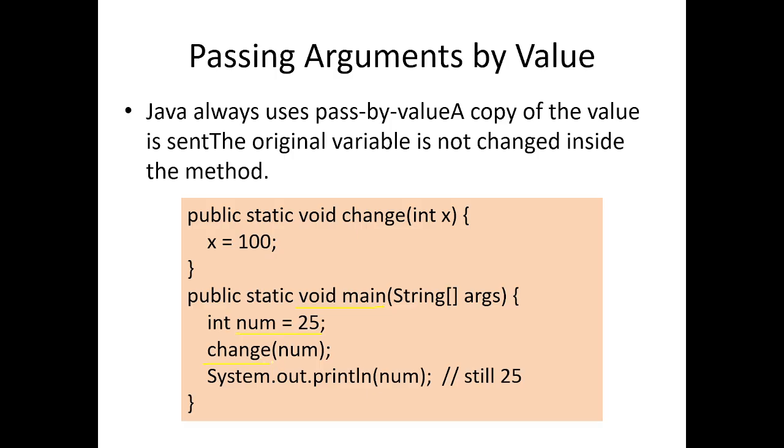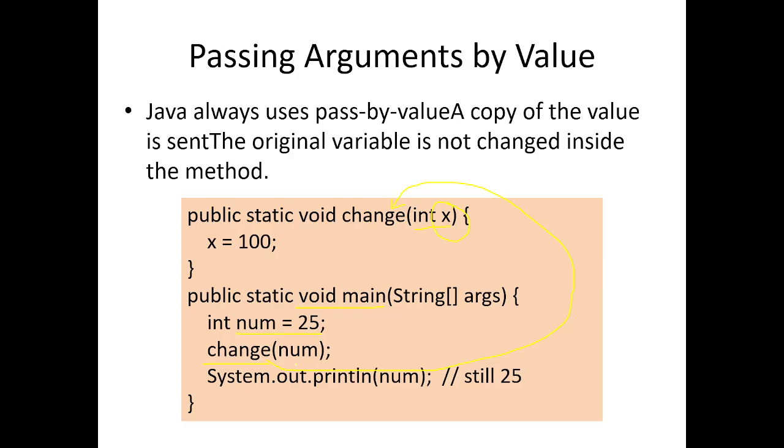This change is called in main, so the compiler will be going to the structure of method change. In this parenthesis, there is int x. So this is your parameter. In the main method, the argument inside this parenthesis is num.